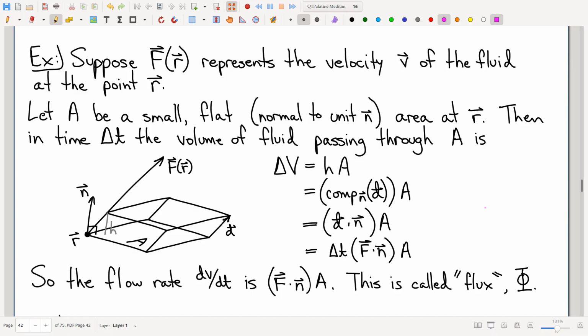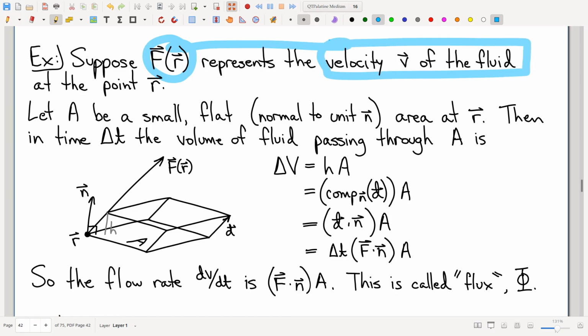Let's suppose you have some fluid flowing around. I'm going to represent the fluid flow by the field, where the vectors give me the velocity of the fluid. Like we were talking about with the air in this room, wherever you might be looking, let's say right there, the air has a certain velocity. That's my vector field. So, for example, at a point like that, maybe there's the fluid.